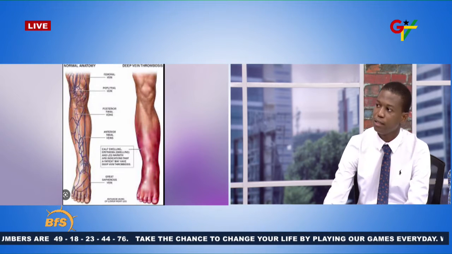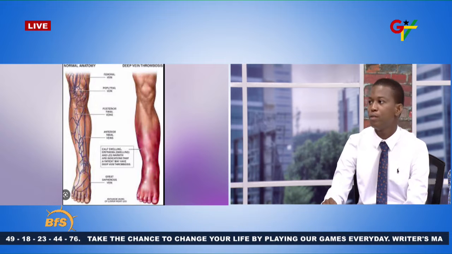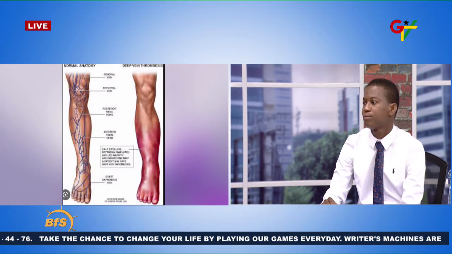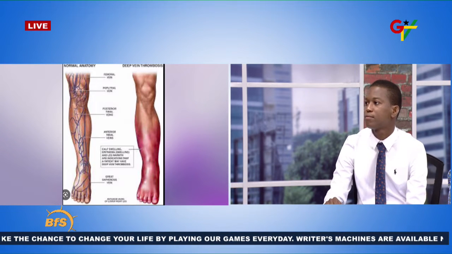Okay. So it forms in the veins, and then it has a likelihood of being complicated by being mobilized or moving from where it's being formed to the distal part of the body. So yes. Okay.